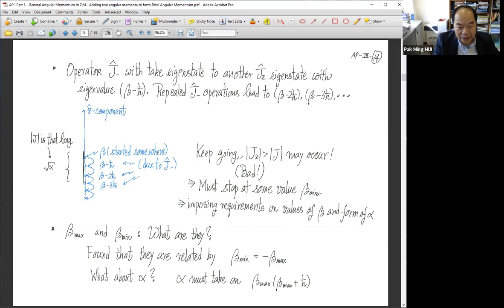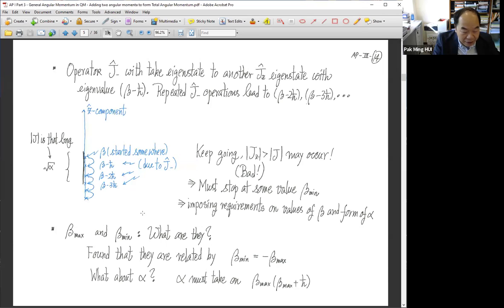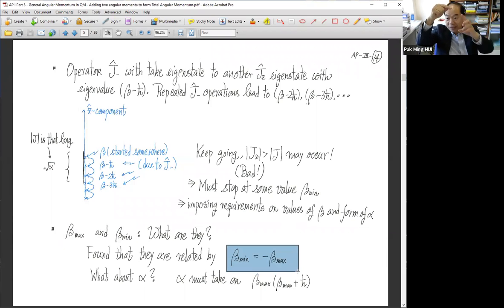Next, based on this very simple criterion, we can prove that these two values, the highest Z component and the lowest Z component, are related. How? They are related by a minus sign. That is to say, if that is beta maximum, the Z component on the negative side will be minus beta maximum.